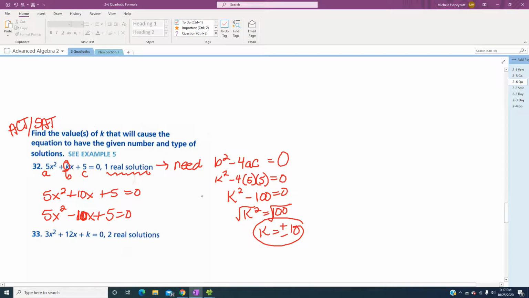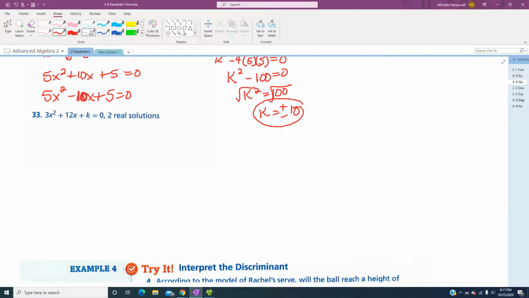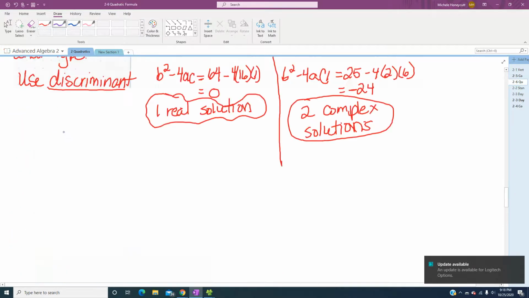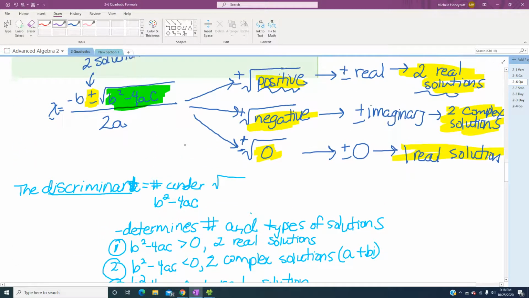Now on 33, I'll get a different color this time. 33 says, find out what k would have to be in order to have two real solutions. Well, to have two real solutions, I know that the b squared minus 4ac part would have to be positive, because, let me scroll up, to have two real solutions, b squared minus 4ac has to be greater than 0.